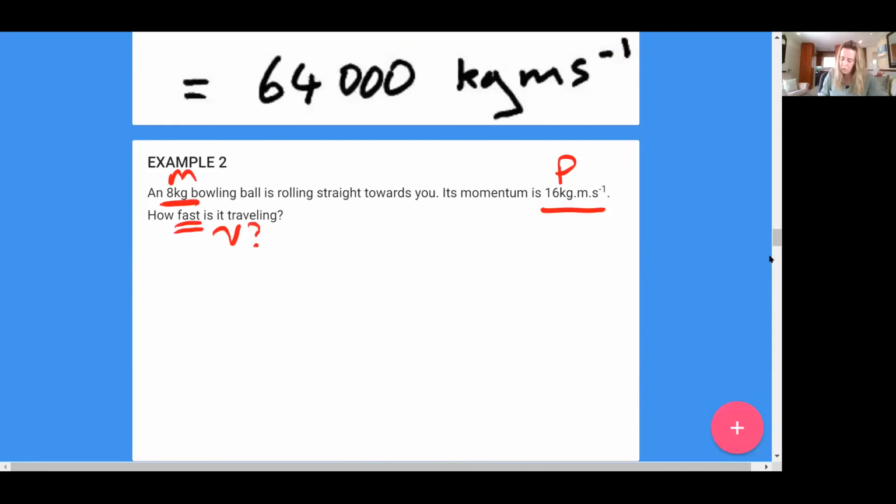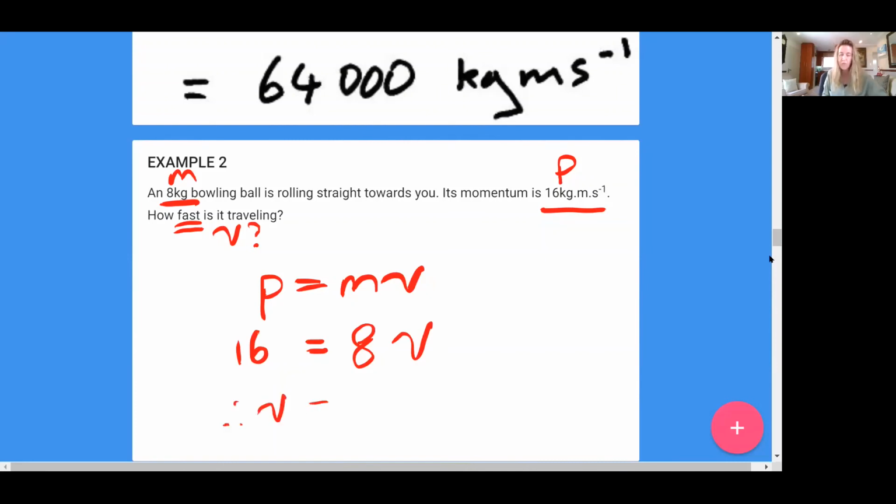So you always start with your general formula, p = m × v. You substitute in what you have, given that you have them in the correct units and don't have to convert. The mass is in the correct unit as kilograms, and it's 8 kilograms, and you multiply that with the velocity. You want to get the velocity as the subject of the formula because that is what you need to calculate. How fast is it traveling? So you need to calculate v.